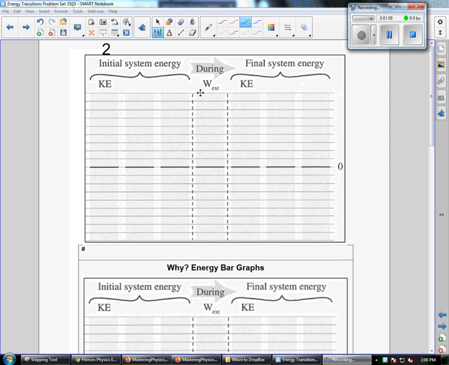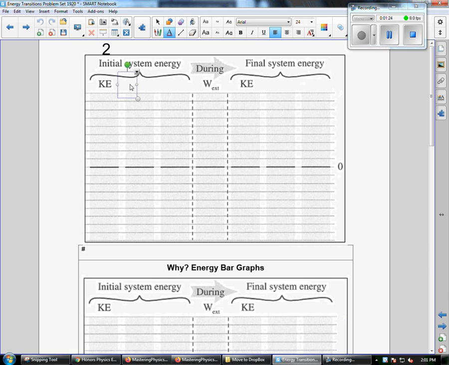So let's see. We've got kinetic energy, maybe. What type of potential energy is involved here? Gravitational. I would go with gravitational, yes. So I'm going to label this second column as PE grav, subscript.